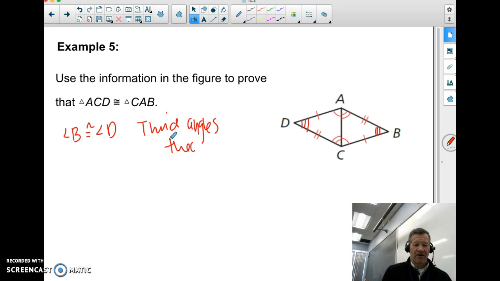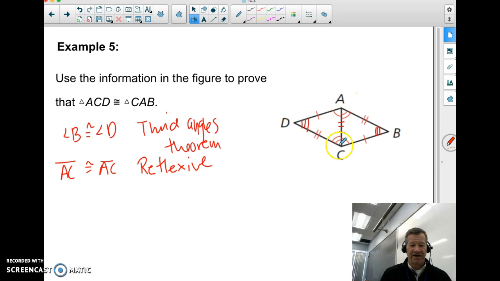Now, I also know that these two sides are congruent to these two. Now that doesn't necessarily mean the third one is congruent, but it is because both triangles share that side. So we can say that segment AC is congruent to itself, and that is called, remember what we said earlier, the reflexive property.